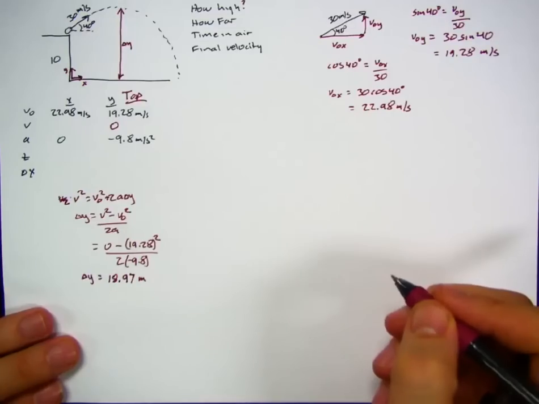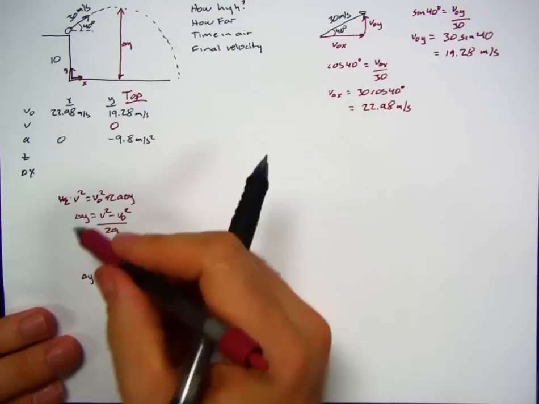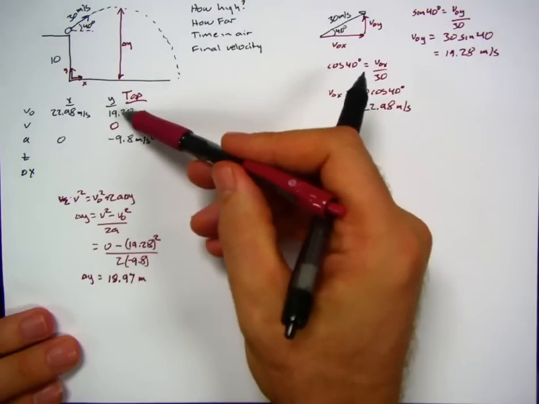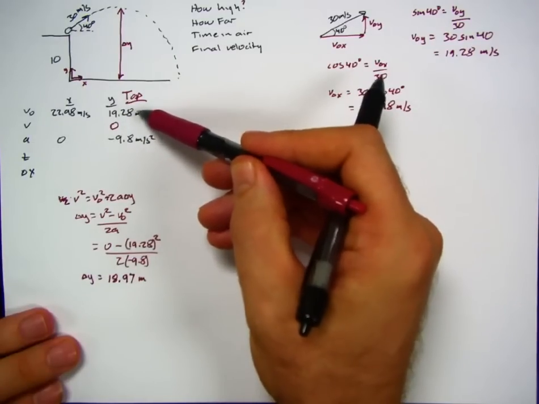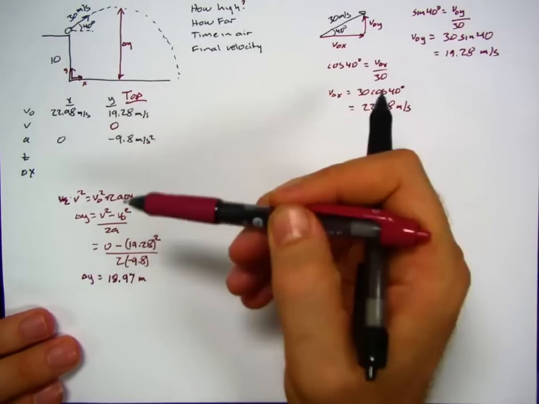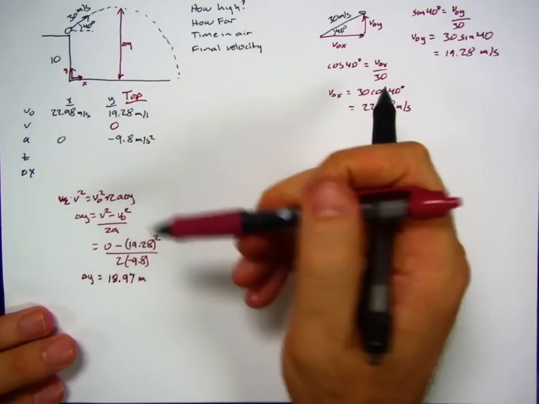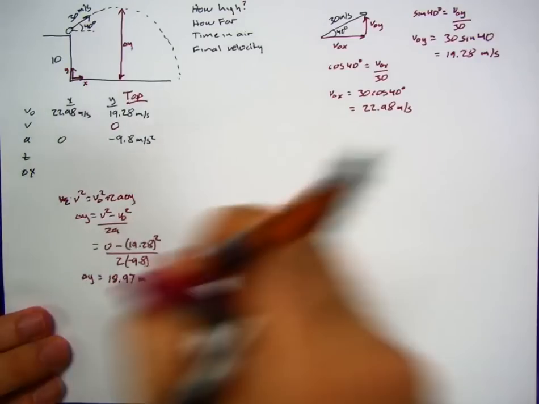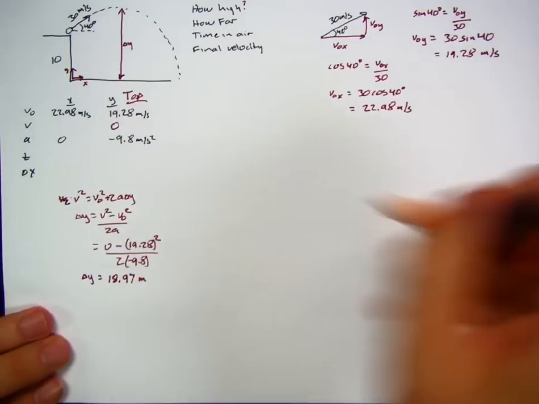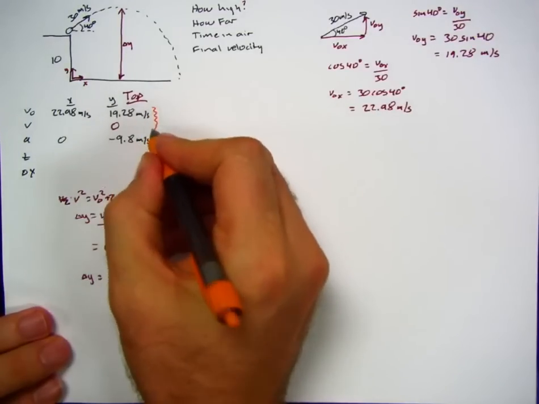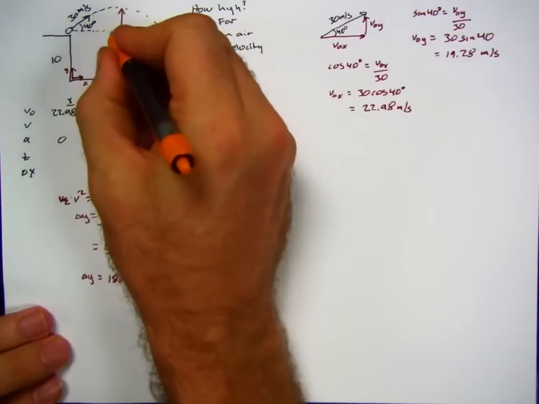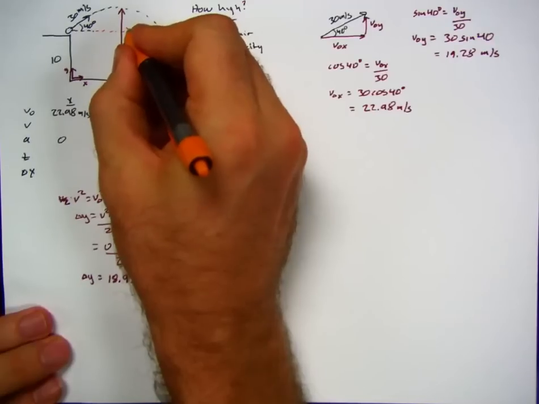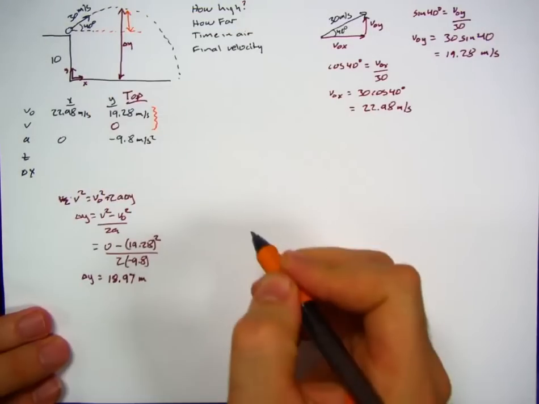What is that delta y? Let's make sure that we're clear about what that is. That delta y is the height from the beginning, where it's 19.28, to the height where it's 0. So that delta y that I'm calculating, this delta y right here, is really from the beginning to the top.